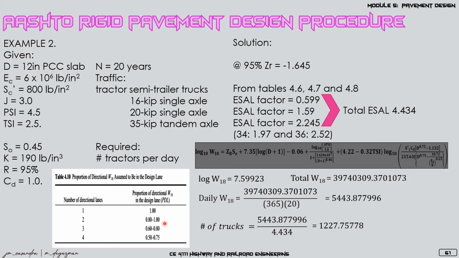So in this case, we are going to use the maximum value, which is 0.75. So therefore, the directional traffic would be the number of trucks divided by the PDL 0.75, in which the required answer now for the problem will be equivalent to 1,637.01 or approximately 1,638 vehicles passing in the north direction.